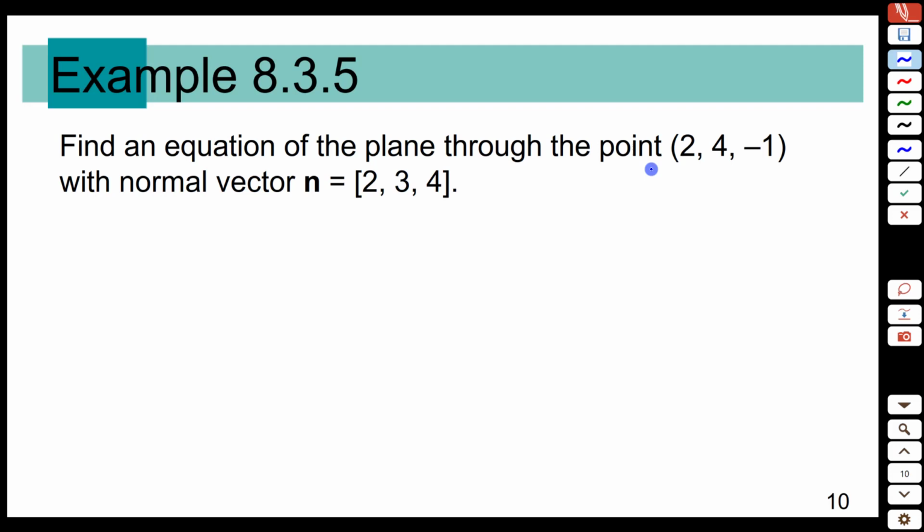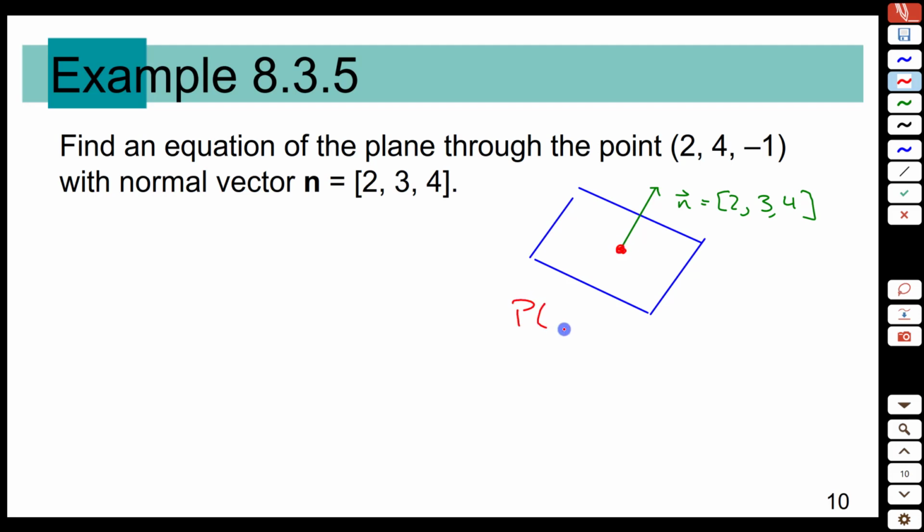We can apply this formula for a simple example where we're provided with the idea of a plane that we're looking for and a vector that is normal to that plane. And that normal vector has been given to us. It's the vector 2, 3, and 4. And we've also been provided with a point on the plane, and that's our P, which is 2, 4, negative 1.